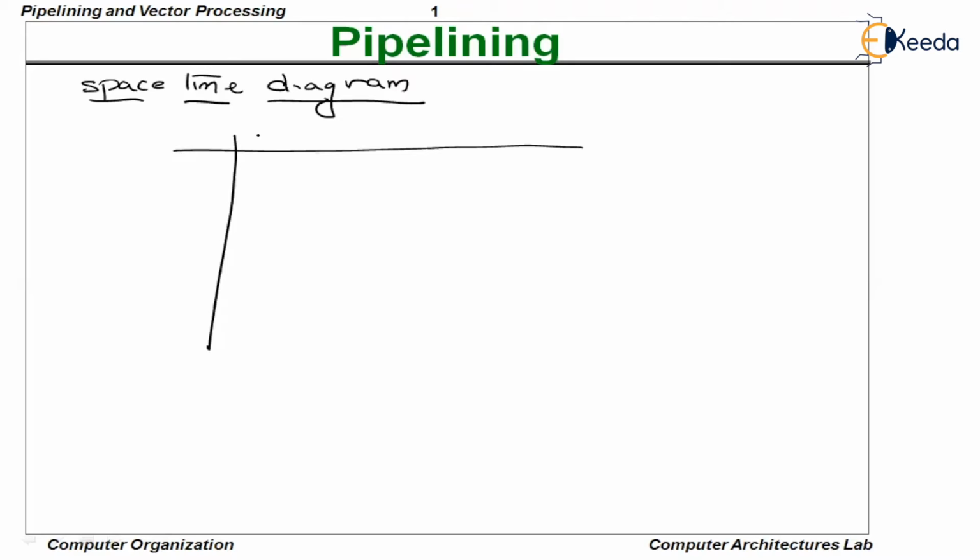On the x-axis, I'm going to plot the clock cycles: clock cycle 1, clock cycle 2, clock cycle 3, clock cycle 4, clock cycle 5, clock cycle 6, and so on. The y-axis, we are going to plot the instructions I1, I2, I3, and I4.